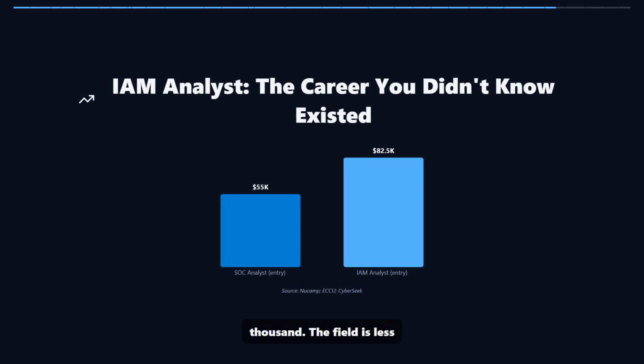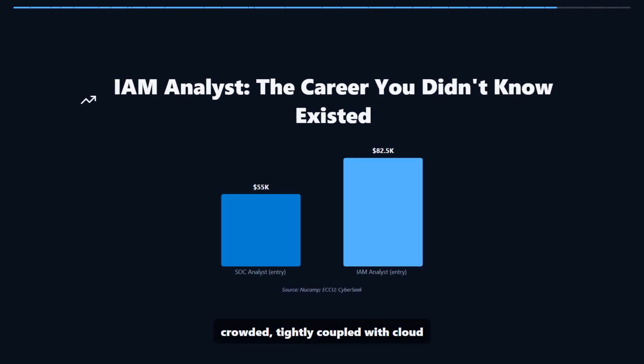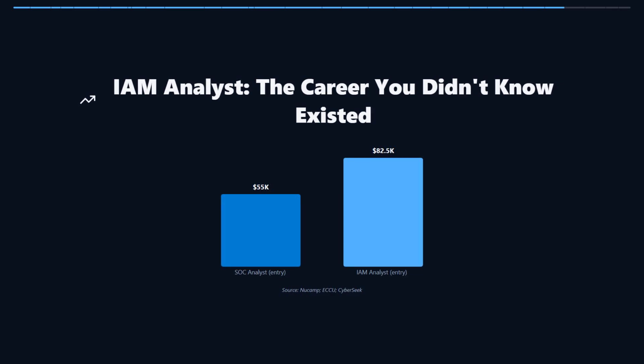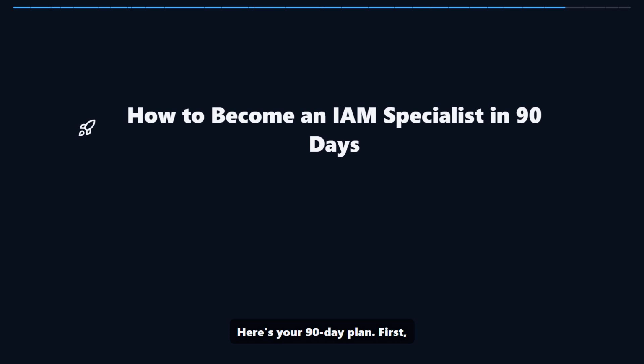The field is less crowded, tightly coupled with cloud growth, and right now CyberSeek shows over 514,000 cybersecurity openings in the US, many of them in identity and access management. If you can design a role structure and write an IAM policy, you're already speaking the language of a 6-figure job.